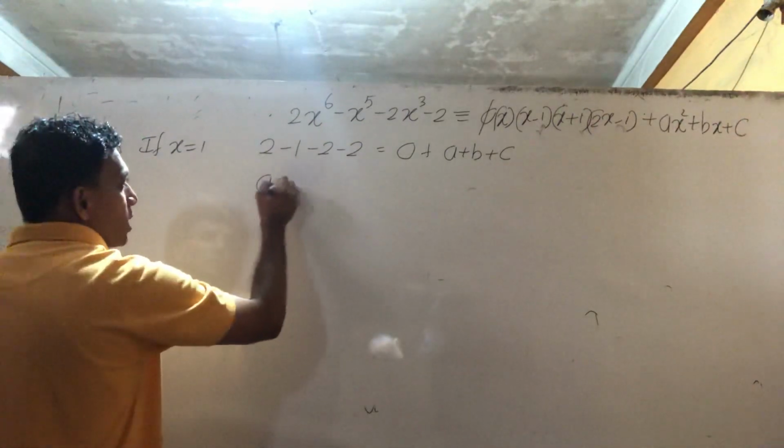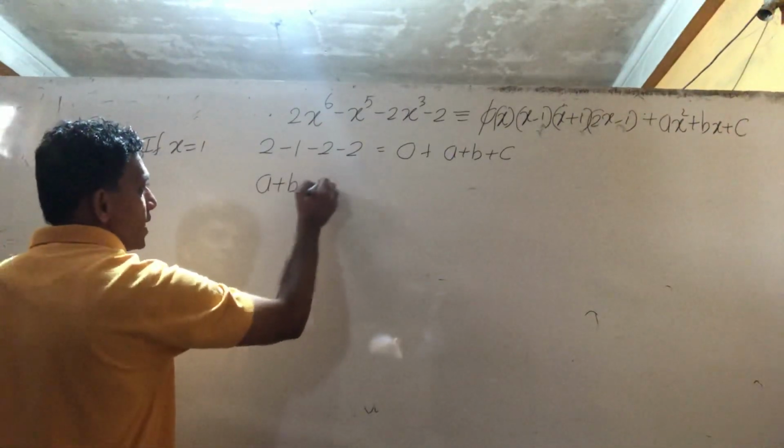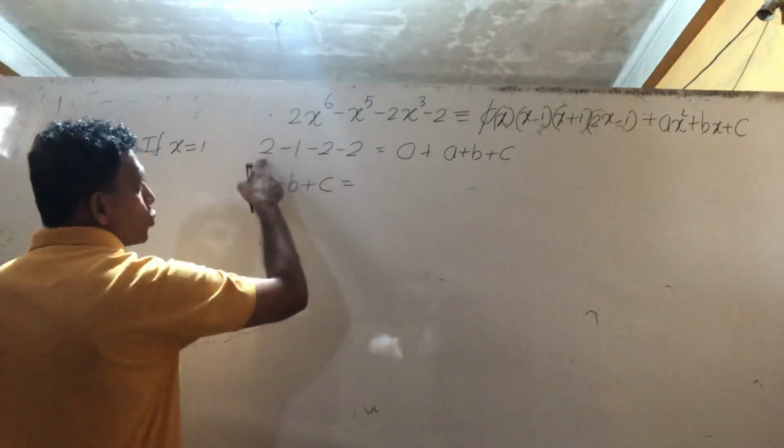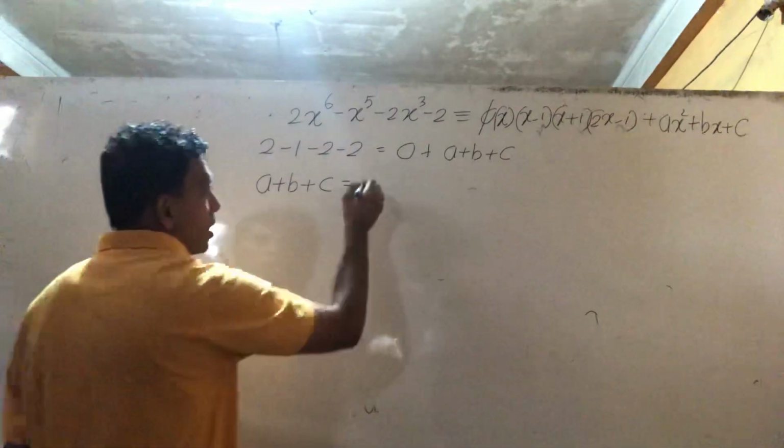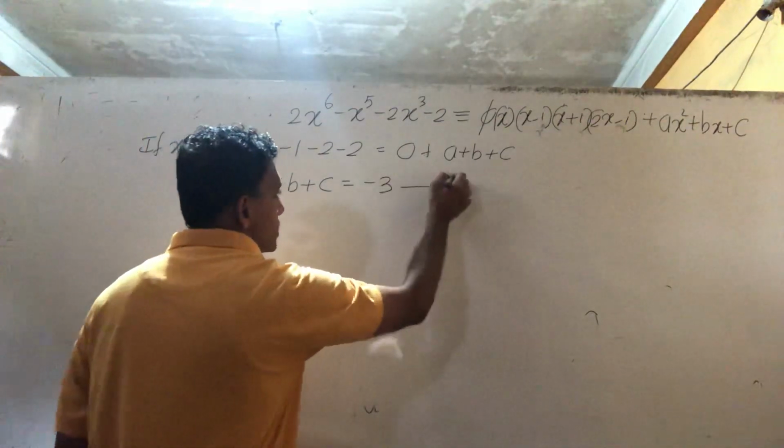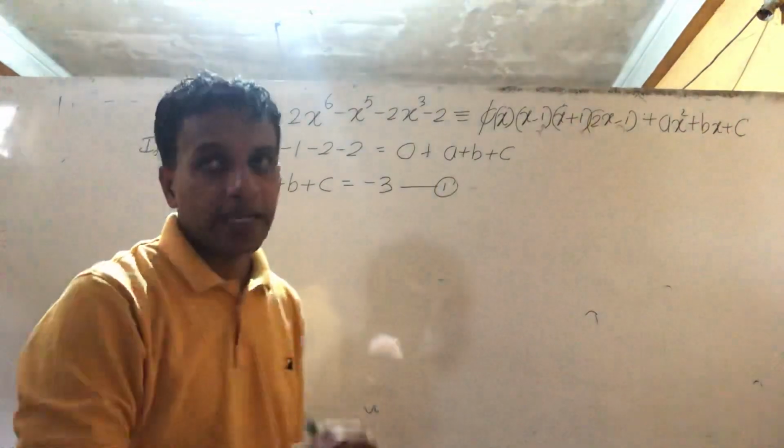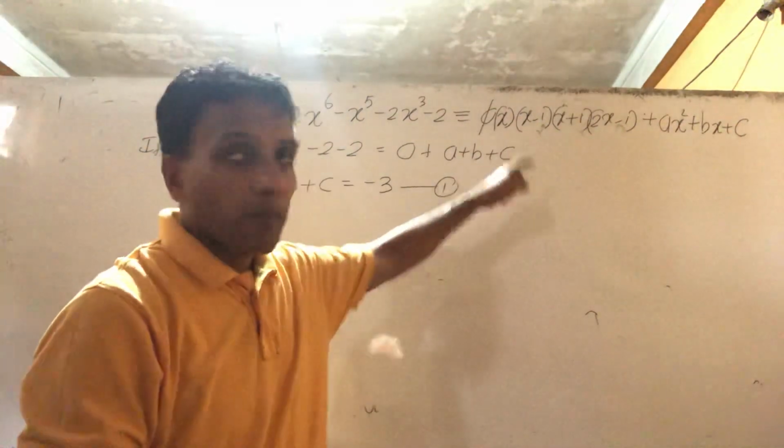Therefore a plus b plus c equals minus 3. This is your first simultaneous equation.